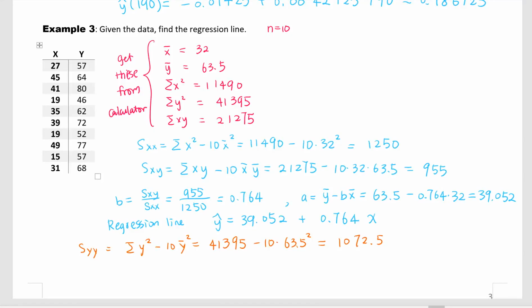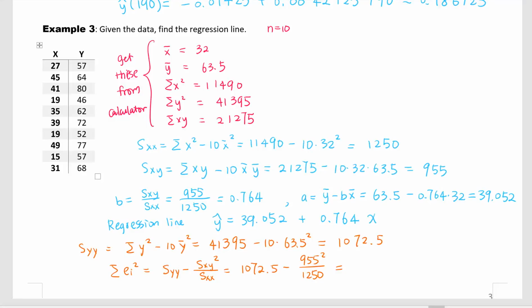And then what is the residual sum of squares, the sum of the e_i squared? By the formula, that equals SYY minus SXY squared over SXX. SYY is 1072.5, minus SXY, which is 955 squared, over SXX, which is 1250.